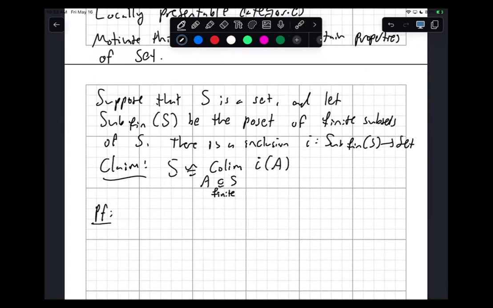So first of all, I have a cocone lambda from I to S, which is just the inclusion.